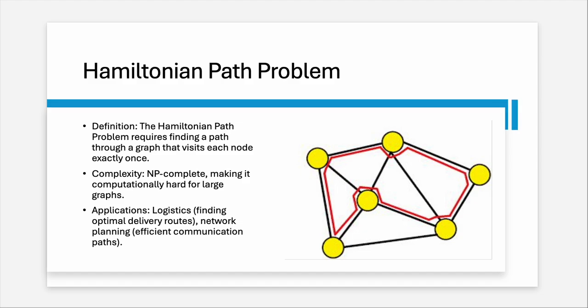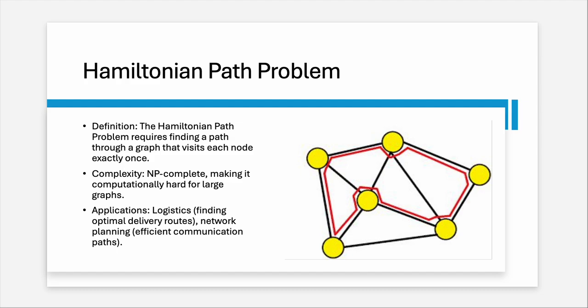So the Hamiltonian path problem involves finding a path through a graph that visits each vertex exactly once. This problem is classified as NP-complete, meaning that finding an optimal solution is computationally intensive as the graph size increases.